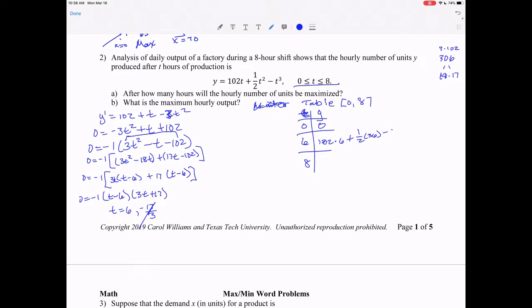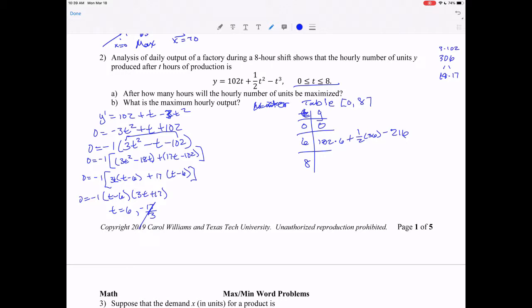Sorry, I'm doing this because this is not how I had done it, but you can do it this way. So, change calculators.